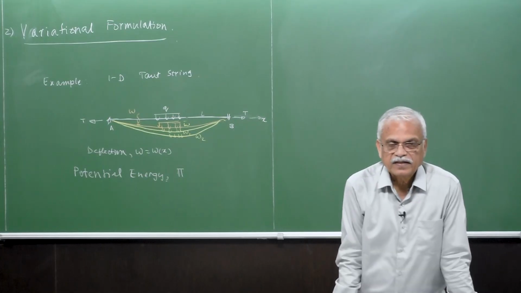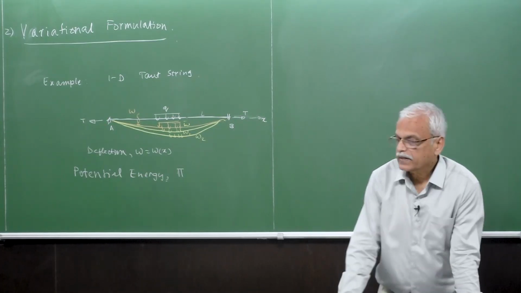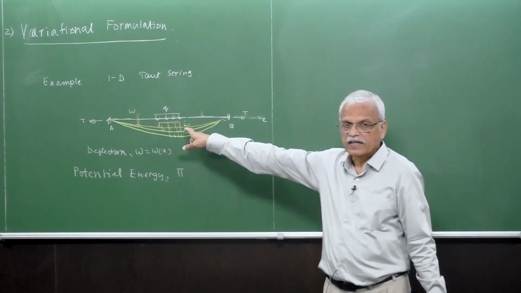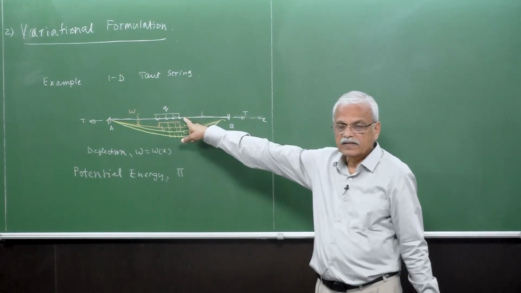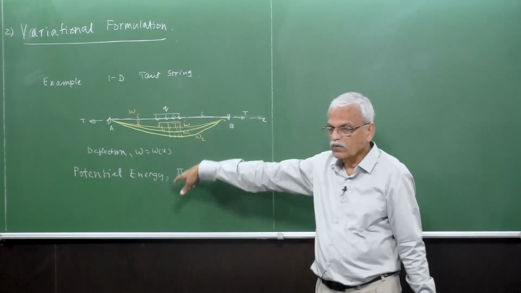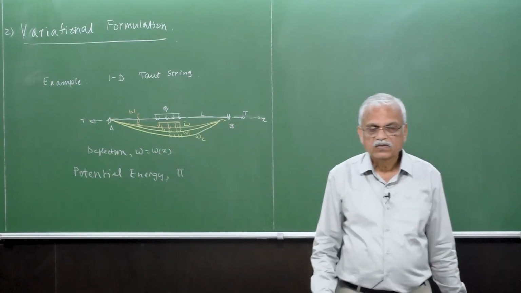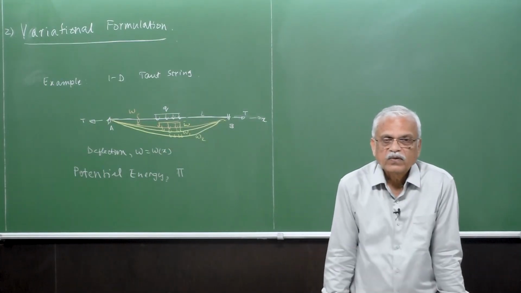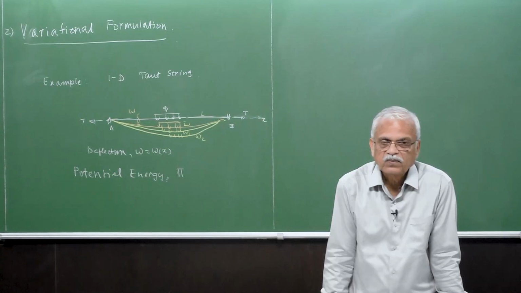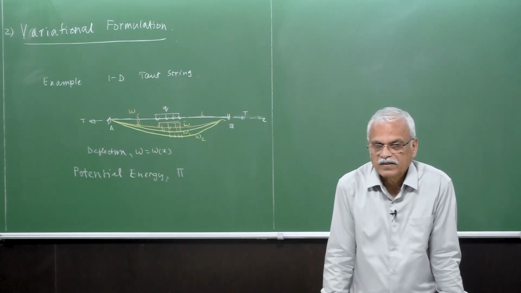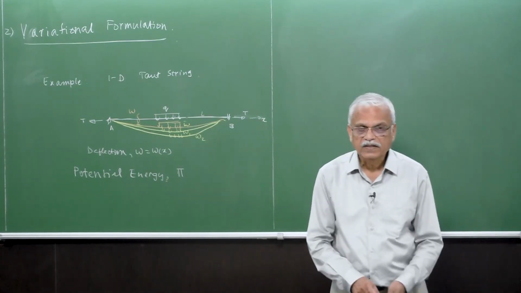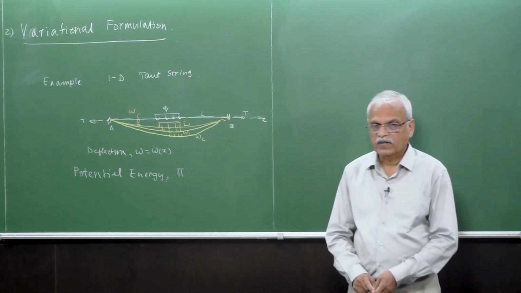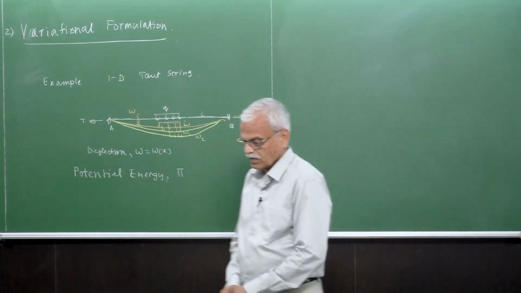So its potential energy is going to increase. On the other hand, we also have another agent here, that is the Q. Q is also moving through different deflections, so it will also contribute to different potential energies. So these two put together will constitute the total potential energy of the system.